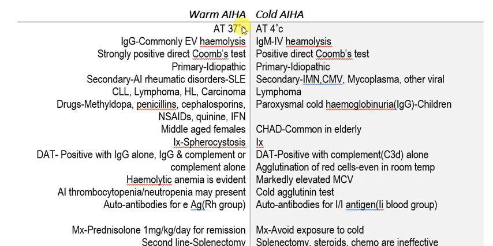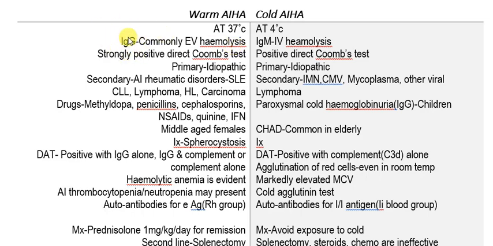So we'll look at the differences of both of these types now. Warm autoimmune hemolytic anemia occurs at 37 degrees Celsius, that is our body temperature. The antibodies are usually IgG antibodies, like the antibodies that are produced at chronic stages of infections.